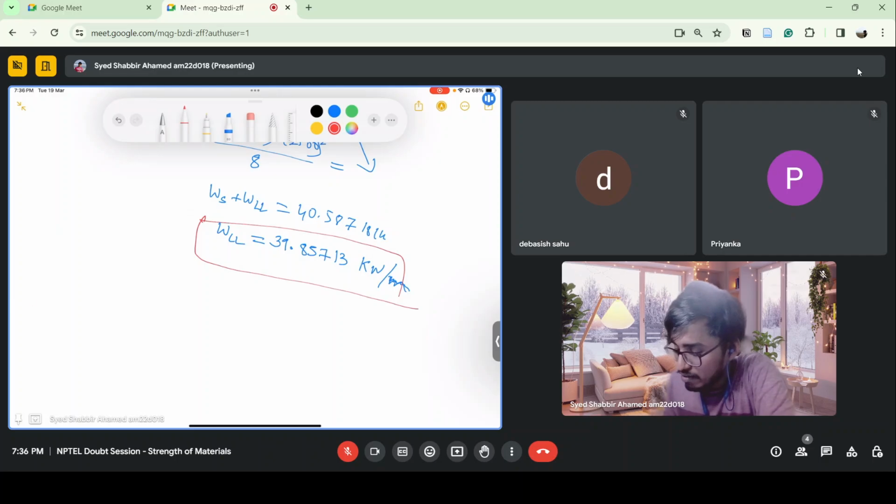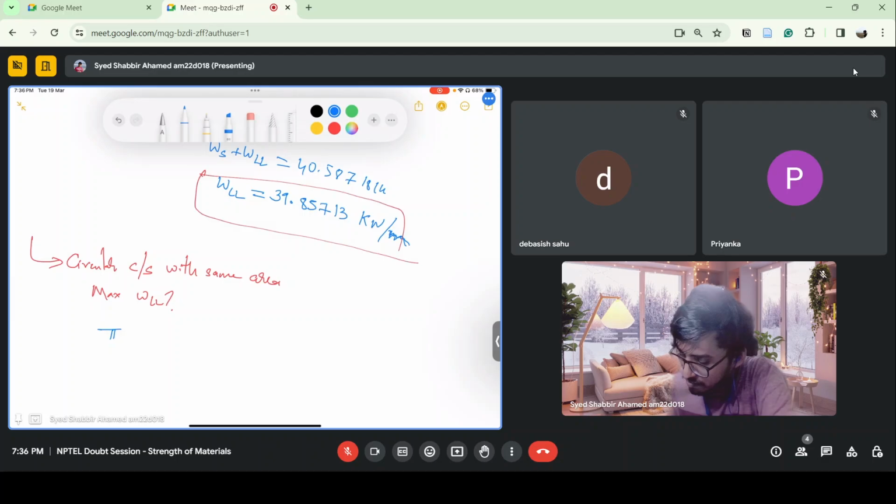Suppose I have a circular cross section with the same area as the box. What will be the maximum live load which can be applied?